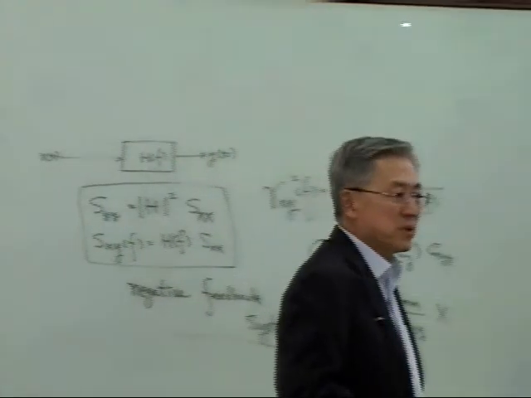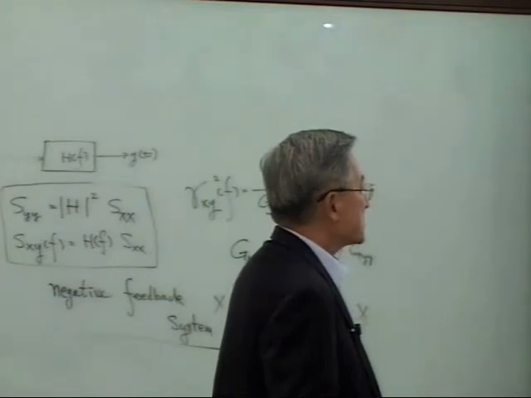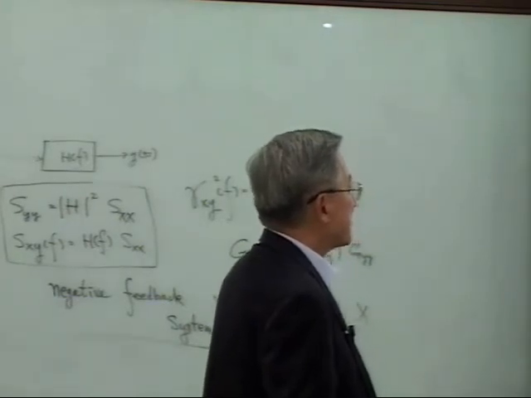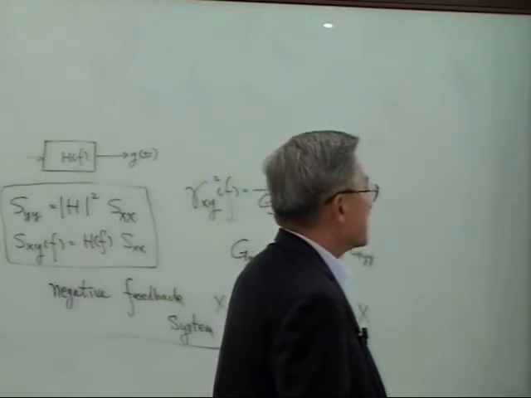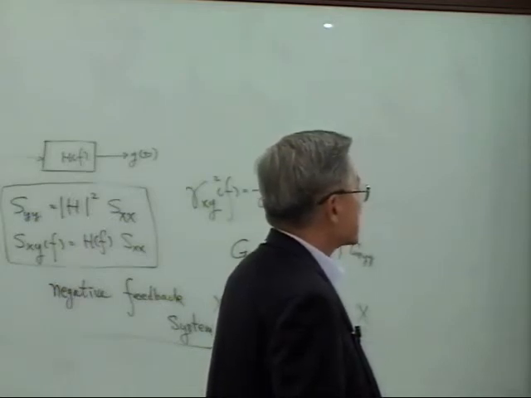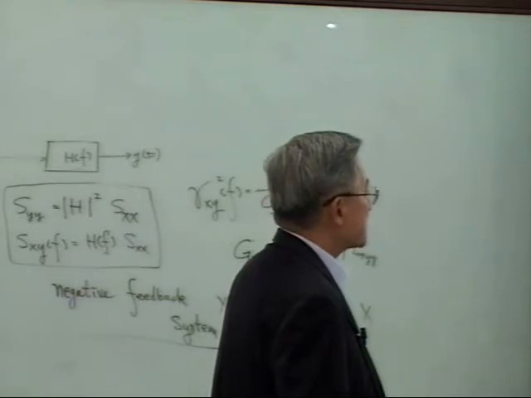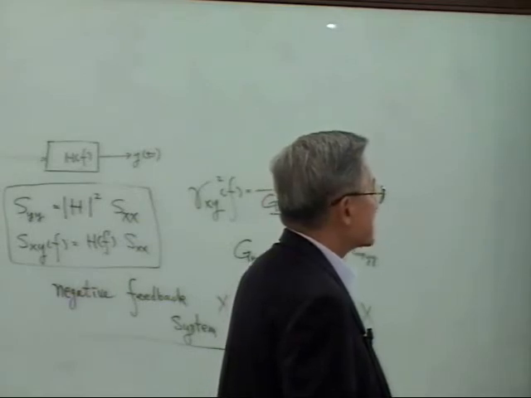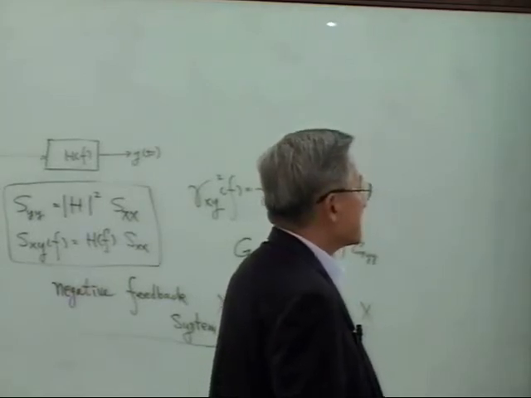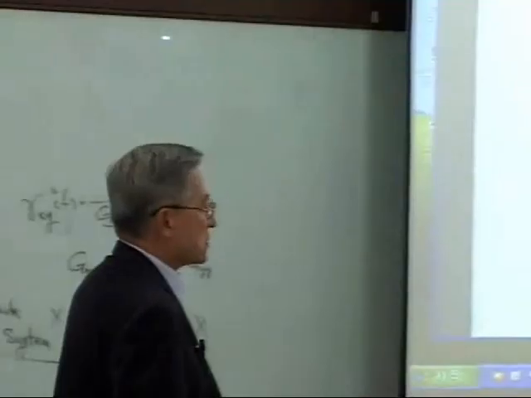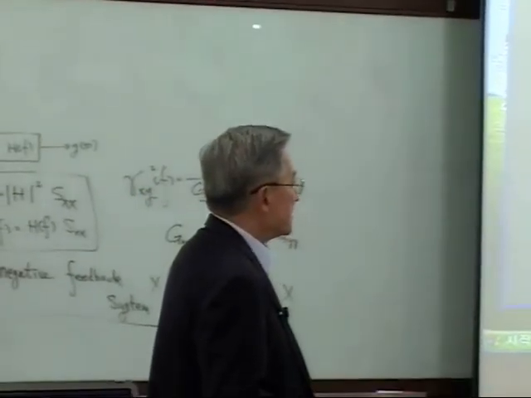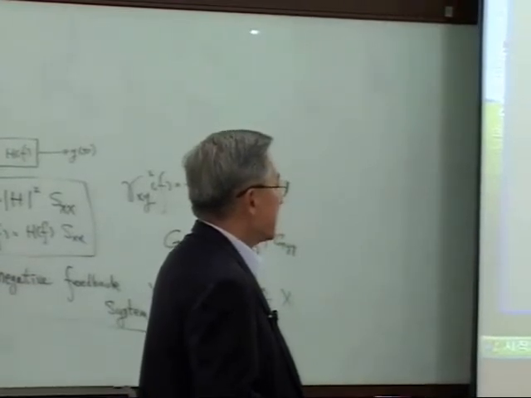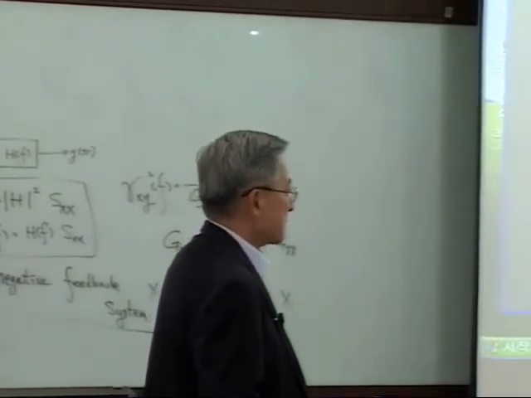Maybe that's not clear. So that's why I put these in the frequency domain function. In the frequency domain, capital X is equal to capital U plus capital M. Then conjugate, then multiply by Y here.